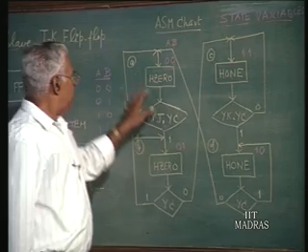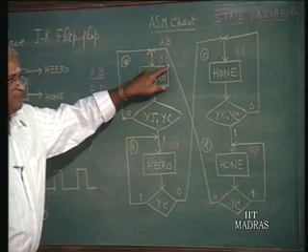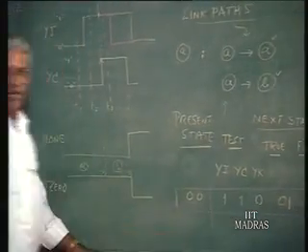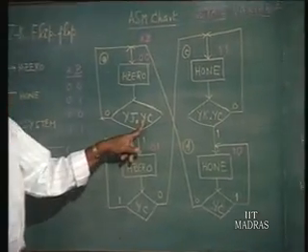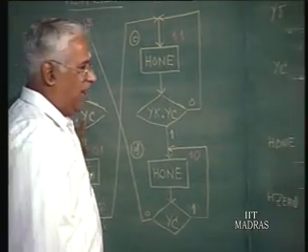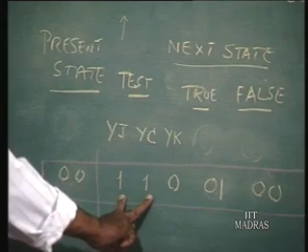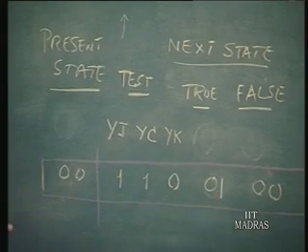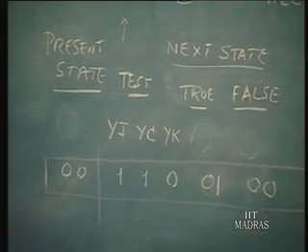So what it says is, in state 0 0, look for inputs yg and yc. That's what this one says. Look for inputs yg and yc, and depending on the input test result being true, the next state is 0 1. If it is false, the next state is 0 0.